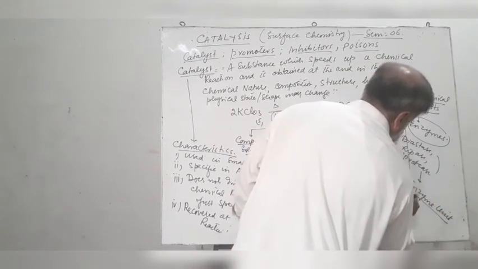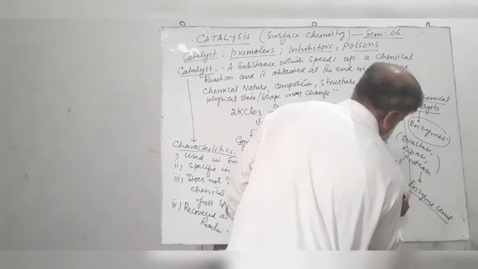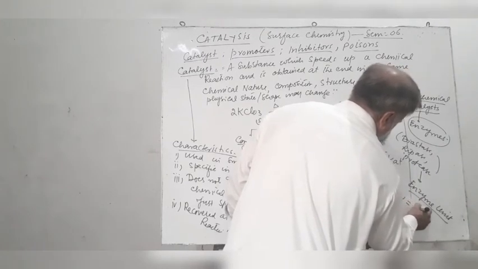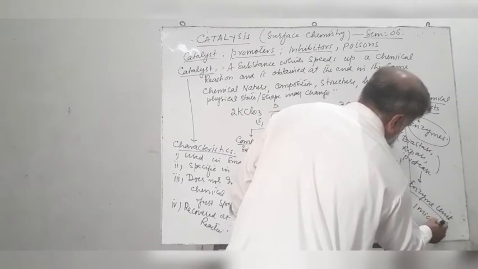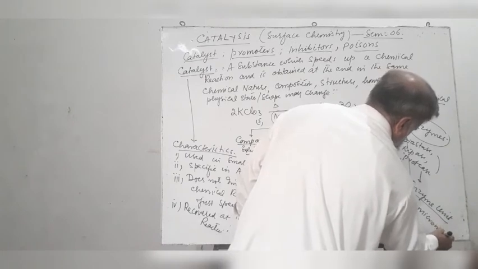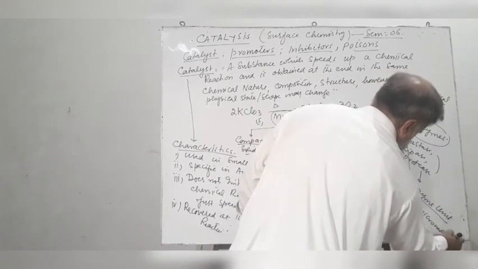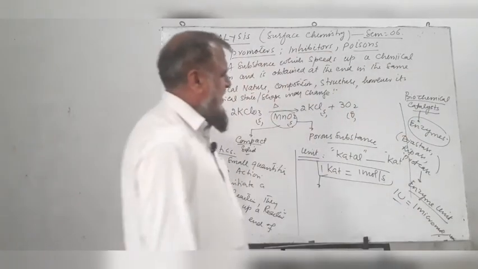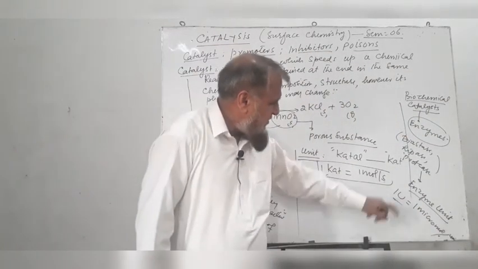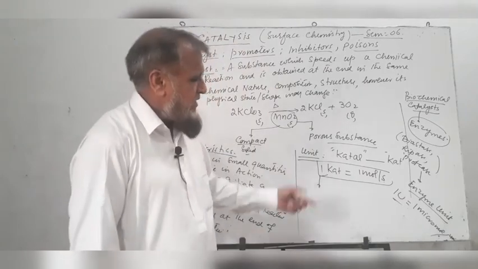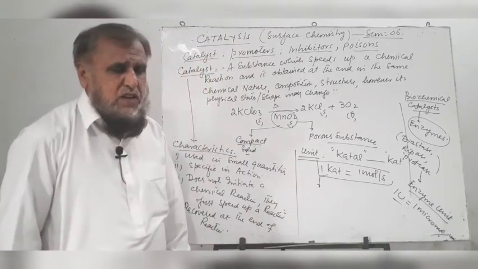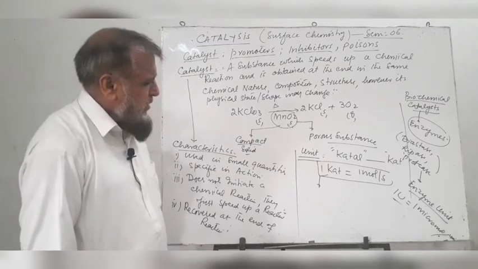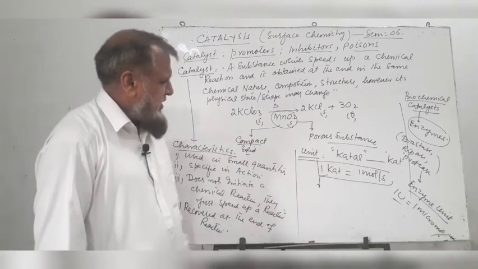Enzyme unit is denoted by U, and one enzyme unit is equal to 1 micromole per minute, which means enzyme unit is the amount of enzyme which is required to convert 1 micromole of a substrate into product in 1 minute.